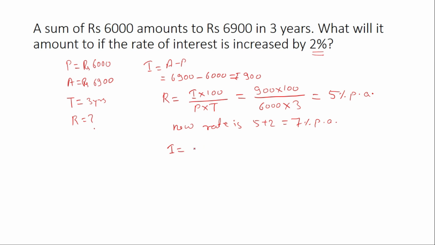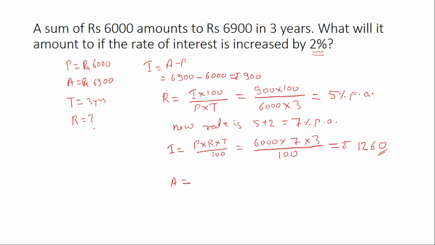The formula for interest is P into R into T by 100. Principal was 6,000. New rate is 7% and time is given 3 years by 100. When you will solve it, you will get the answer 1260.